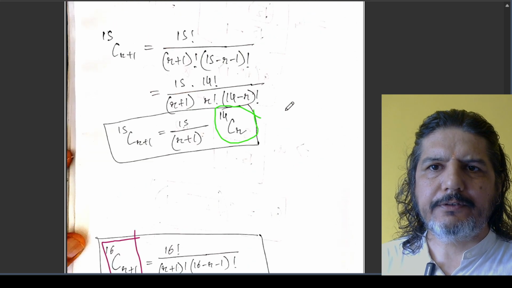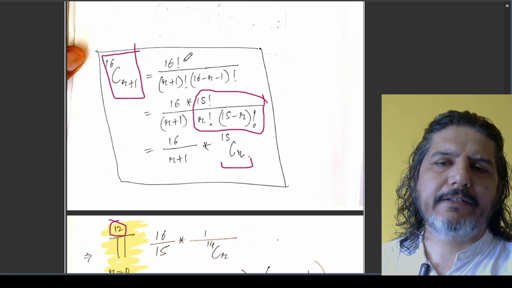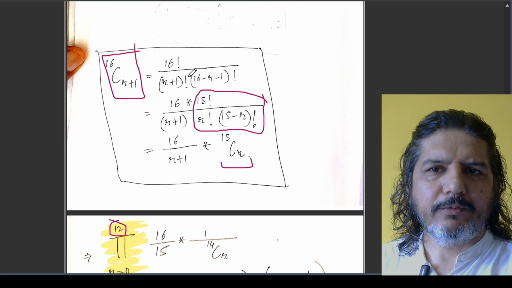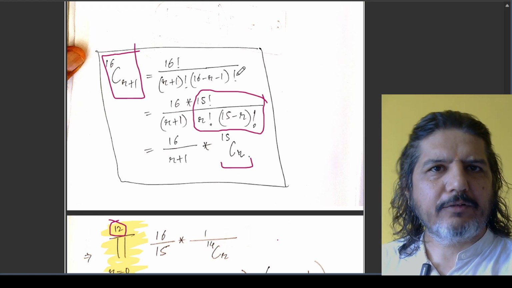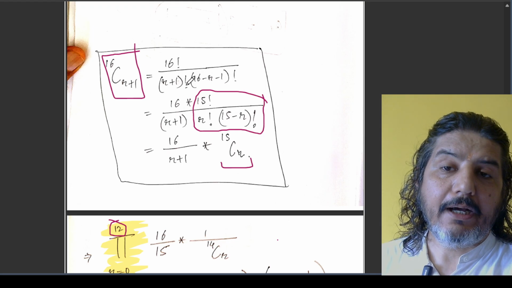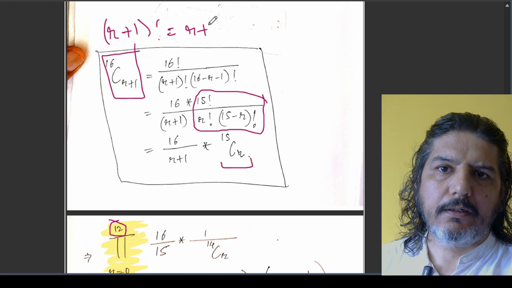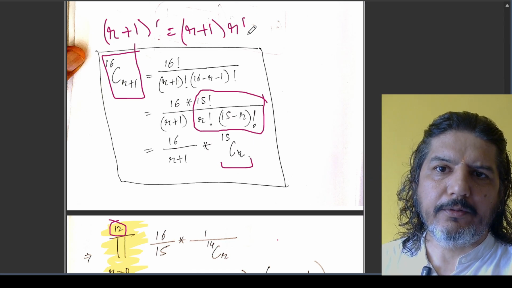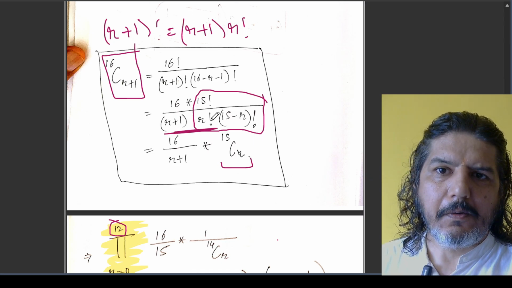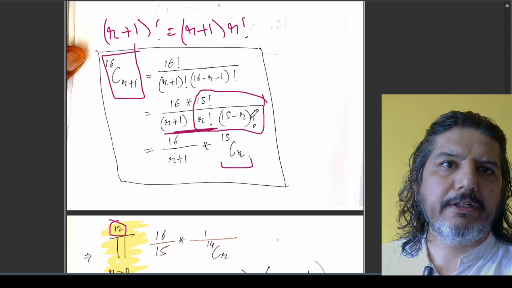So let's look at the 16 upon R plus 1 first. 16CR plus 1 can be written as 16 factorial upon R plus 1 factorial into 16 minus R minus 1 factorial. I can break R plus 1 factorial as R plus 1 multiplied by R factorial, so this is what I have done here. And 16 minus R minus 1 is equal to 15 minus R factorial.